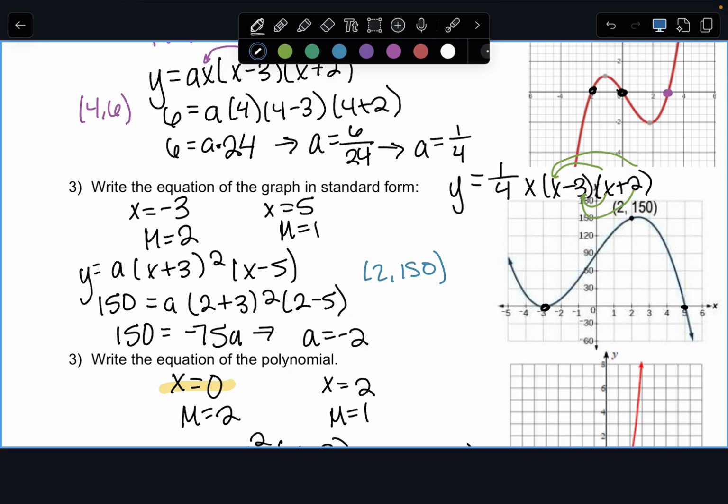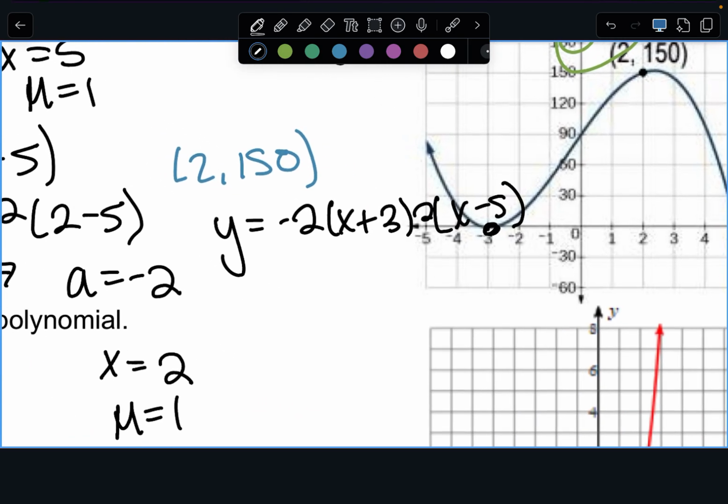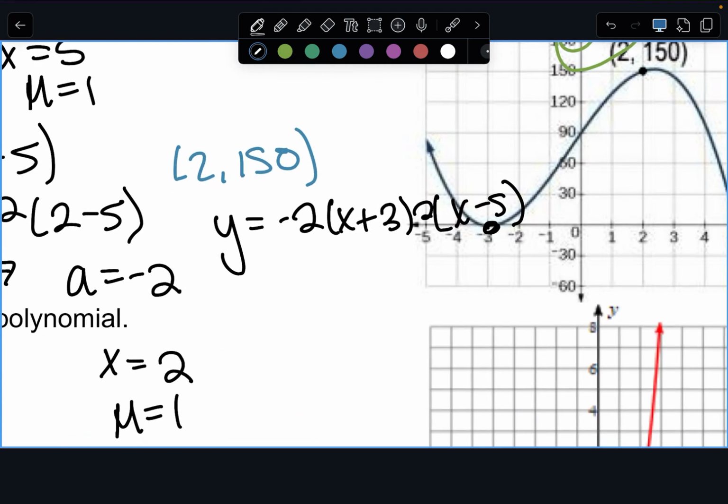Okay. Second to last step, rewrite your equation with the A in it. Kind of hard to see right there, but there's my equation. Nick. Yeah.